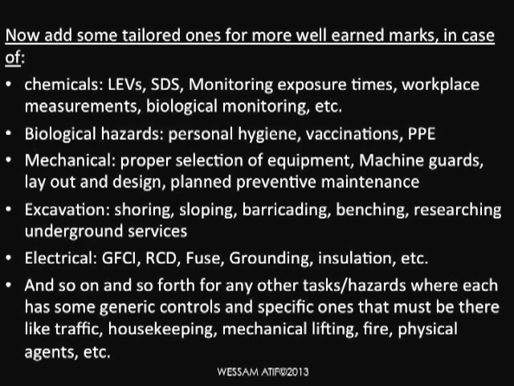For chemicals, you have local exhaust ventilation, SDS. For biological hazards, personal hygiene, vaccination. For mechanical, for excavation, for electrical, and so on. For any other tasks or hazards, each has some generic controls and specific ones that must be there, like traffic, housekeeping, mechanical, lifting, physical agents, or whatever they say.